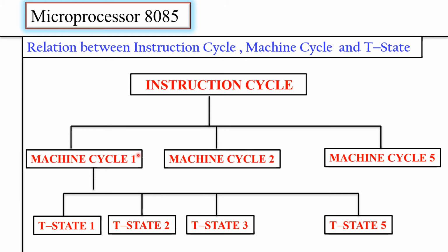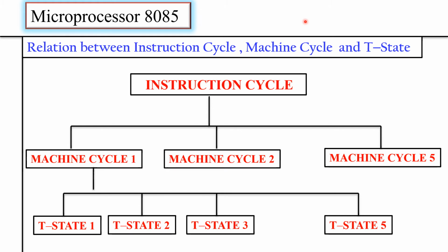So the number of machine cycles may vary depending on the instruction, whether it is a read instruction, a write instruction, a memory instruction, or an IO instruction.